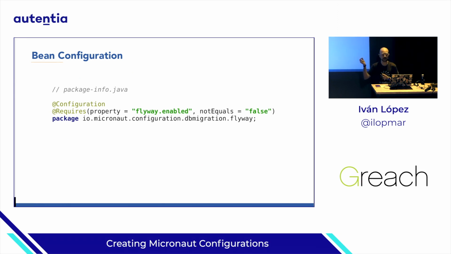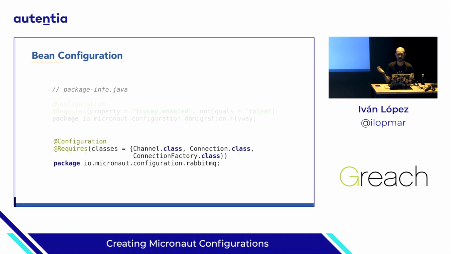If it's set to false, meaning that you want to disable migrations, then none of those beans are going to be created, because if you want to disable the migrations, you don't need the beans at all, right? And you put this on the package-info Java file as a shortcut to avoid annotating all the beans inside your configuration with the same one, right? It's like a shortcut that you put on some kind of top level file.